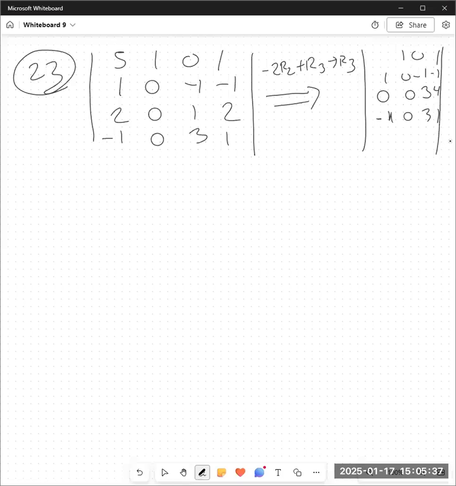So now I can do row 2 plus row 4 makes a new row 4, and that's 5 1 0 1, 1 0 -1 -1, 0 0 3 4, 0 0 2 0.